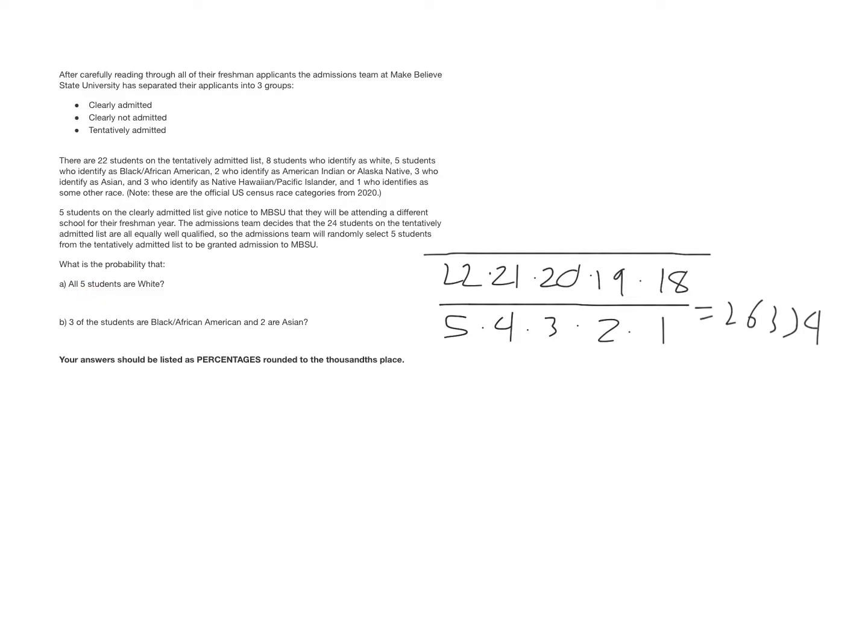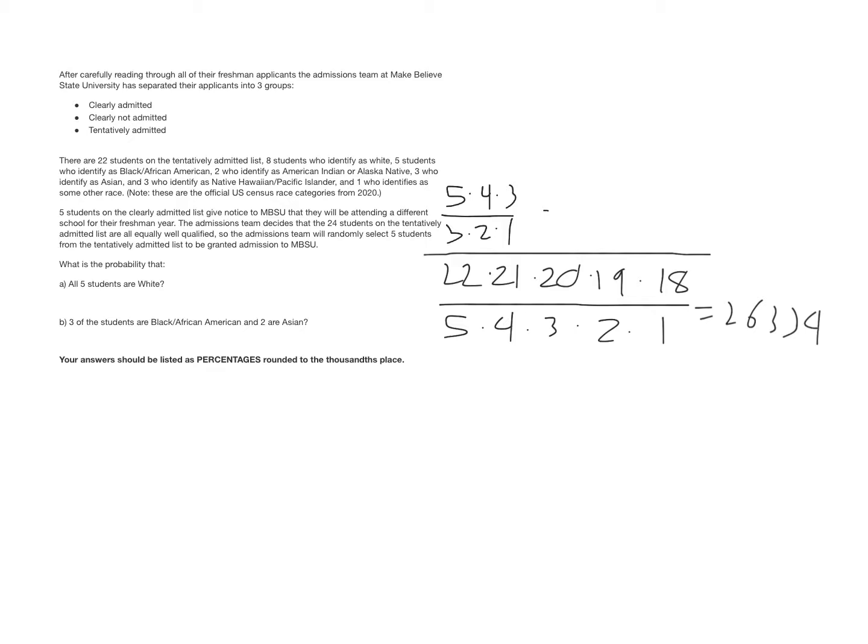Well, I've got 5 options for my first student, 4 for my second, 3 for my third, but the order in which I write those people down does not matter, so I divide out all the ways that I can reorder 3 of the same people from that group.